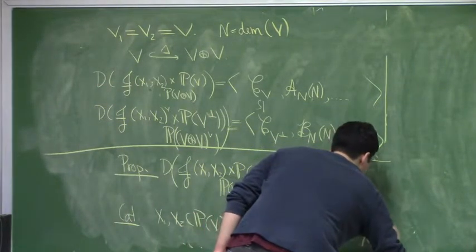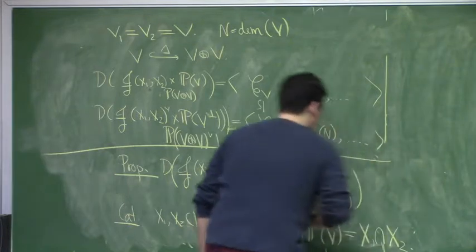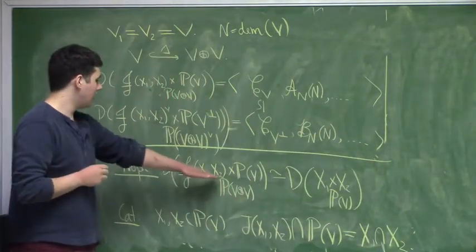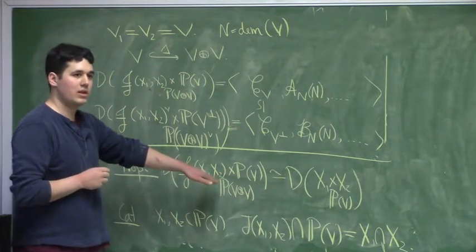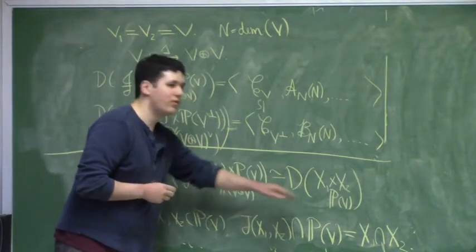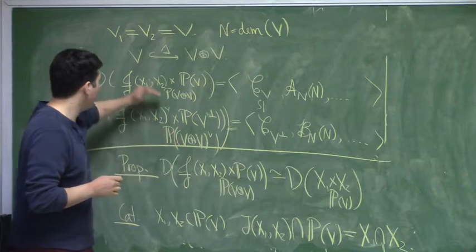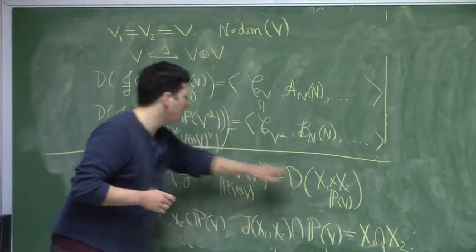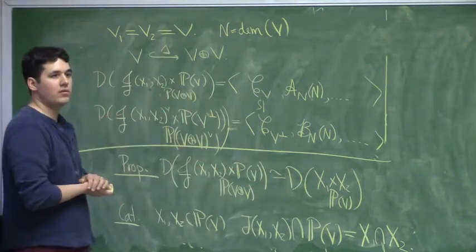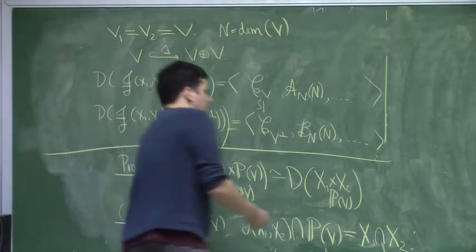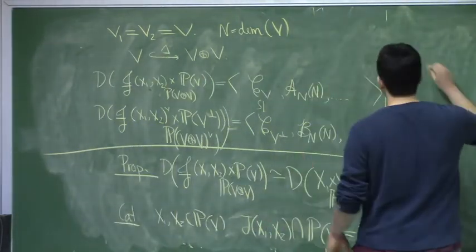If you unravel our definition of the categorical join, you'll see that a similar argument proves this equivalence, but you can just take that for granted. So the left-hand side here is just the fiber product of X1 and X2 over P(V). And what about the right-hand side?